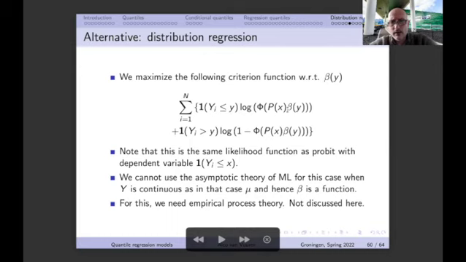Take into account that these are just a set of beta coefficients for a given y. As I already said, this is actually nothing else than doing standard probit with a dummy variable for, say, y_i smaller or equal to y. This is, of course, equal to 1 minus that dummy variable that we have over there.